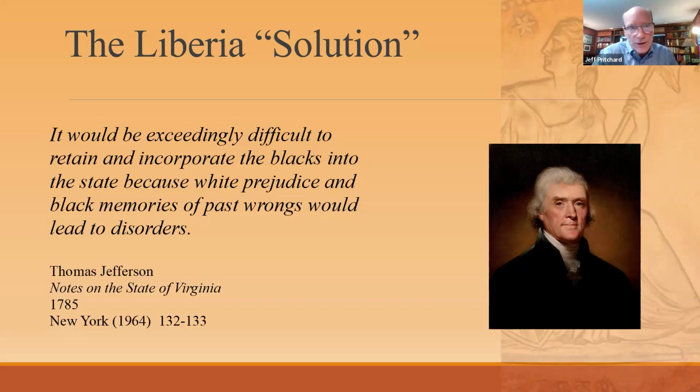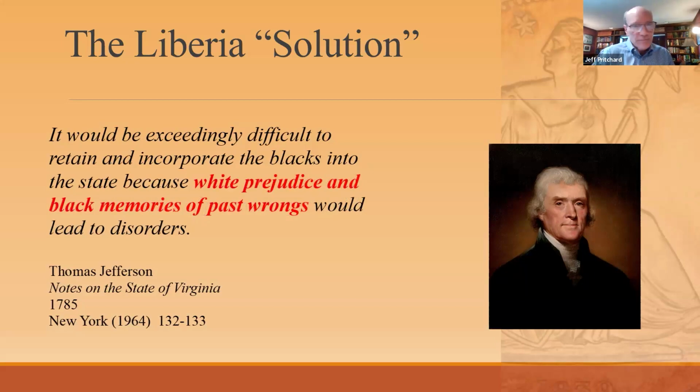But in 1781, Jefferson wrote that it would be exceedingly difficult to retain and incorporate the blacks into the state because white prejudice and black memories of past wrongs would lead to disorders. And I highlight those words because it's kind of a sad commentary on our society.